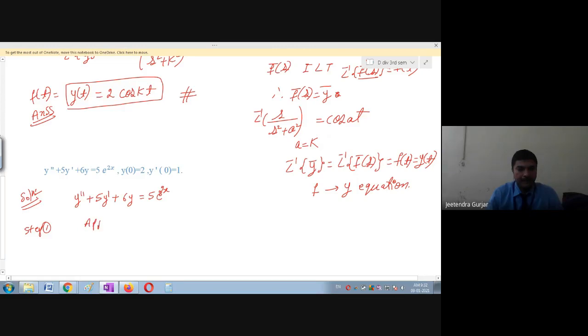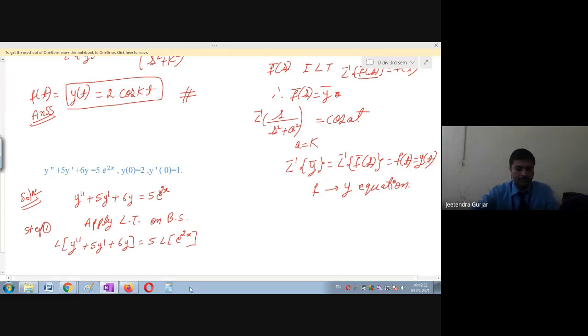Apply Laplace transform. When you apply Laplace transform on both the sides, we'll take Laplace transform of y double dash plus 5y dash plus 6y is equal to 5 is constant, so I'll write 5 outside, Laplace transform of e raised to 2x.